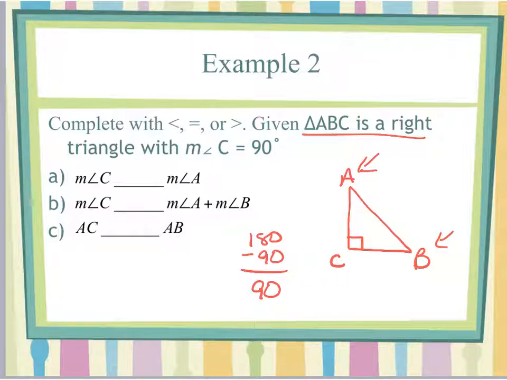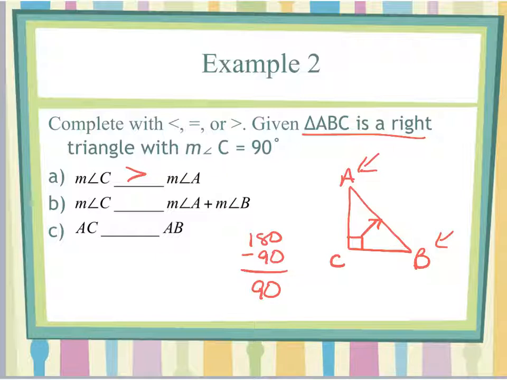So angle C, is it bigger, smaller, or equal to angle A? It's bigger, right? Because it's opposite the hypotenuse, like Ethan said. So C is a 90-degree angle, so this side over here is the hypotenuse, which would be the bigger side.